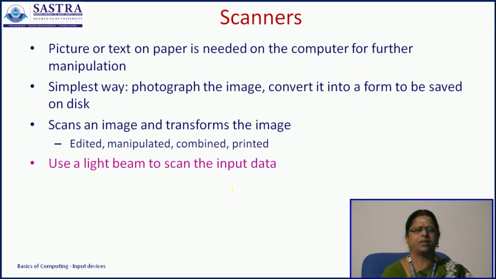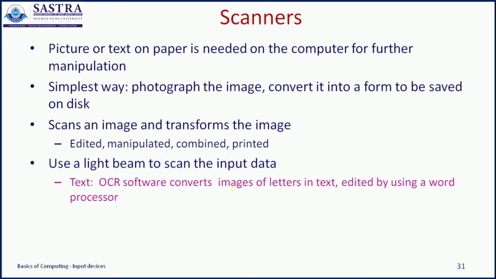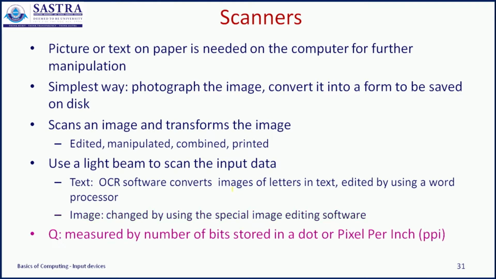It uses a light beam to scan the input data, wherein the OCR software converts the images of letters into text, and it can be edited by using a word processor. The image can be changed by using special image editing software. The quality is measured by the number of bits stored in a dot or pixel per inch.